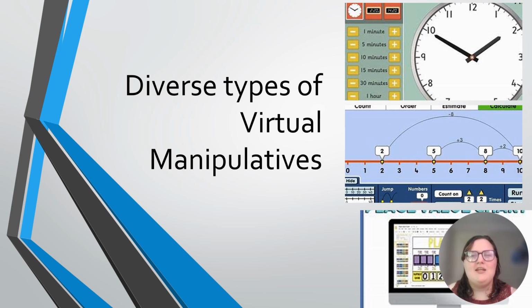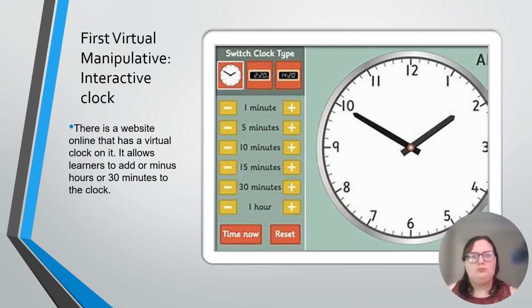Now, let's look at diverse types of virtual manipulatives. The first type of virtual manipulatives is an interactive clock. There's a website online that has a virtual clock on it.